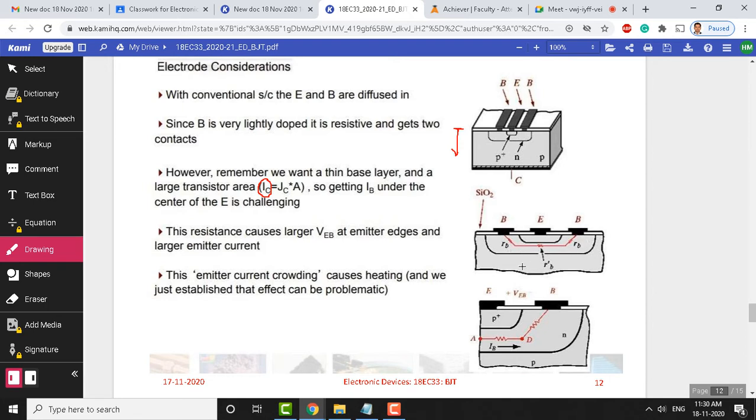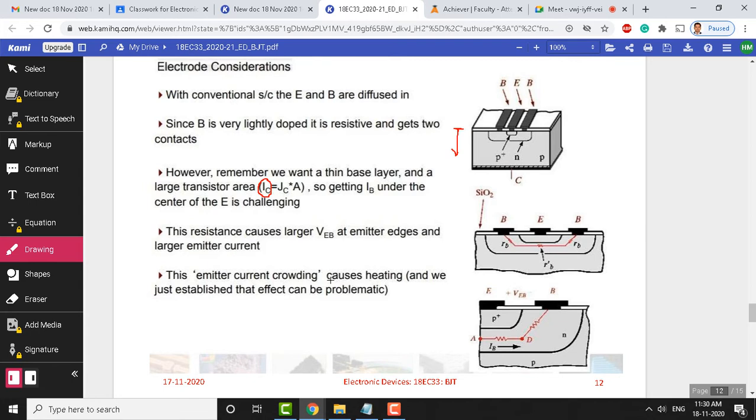This must be avoided in some way, otherwise the holes injected from the emitter give a lot of power to the base, and power gets dissipated within the base region. This is emitter current crowding.